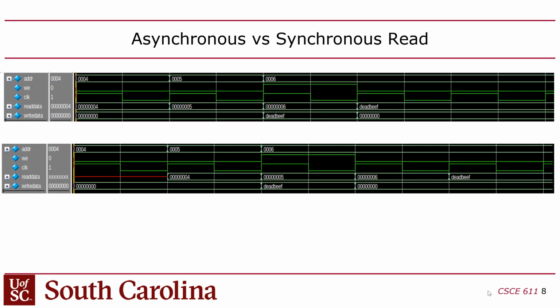So if I had the bypass path, which is the code I showed you, then that dead beef would have shown up there, because I would have bypassed. So even though dead beef hasn't gone into the register file yet, it still would have been indicated as if it was in there. It's like cheating. It's like, I know I didn't get done with the write yet, but since it's coming in right now, I'll just send it back out.